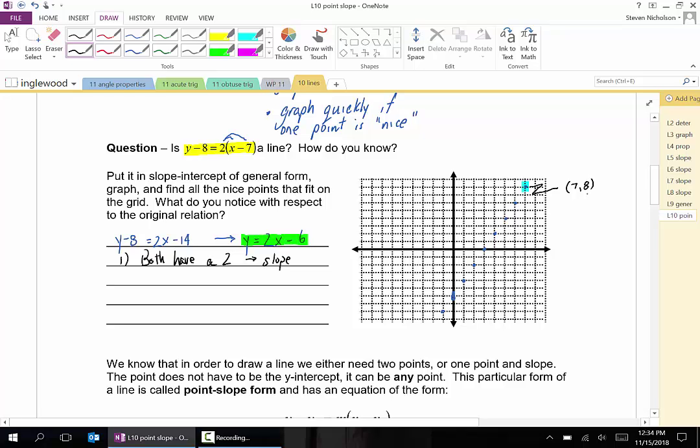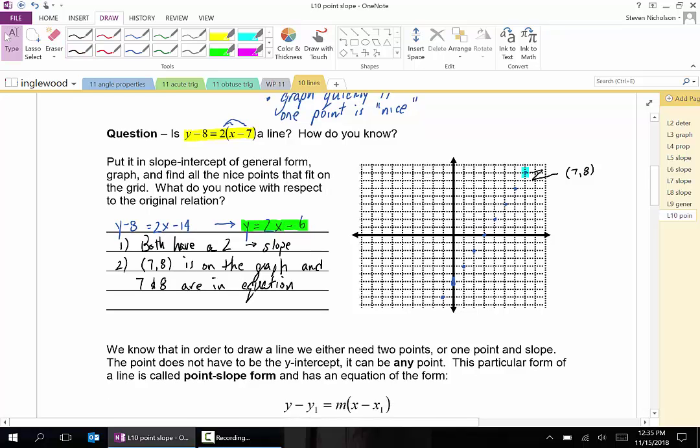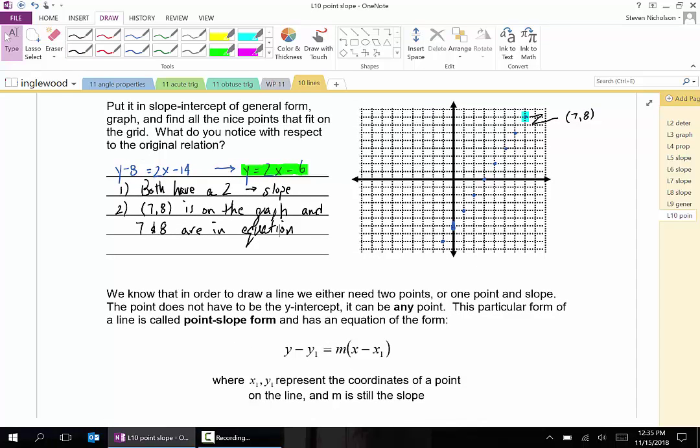So on this new form of line called point slope form of a line, what I want you to notice is 7, 8 is on the graph, and 7 and 8 are in the equation. Now again, right now you could go, well, that could be a coincidence, and it could, but I'm just going to do one example, and I'm going to say it's not a coincidence.